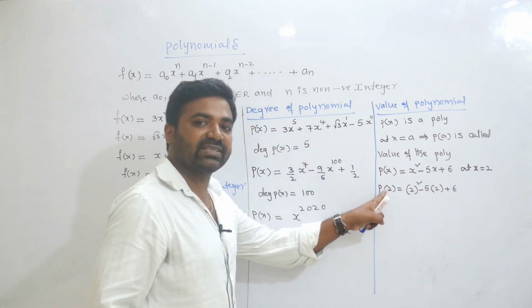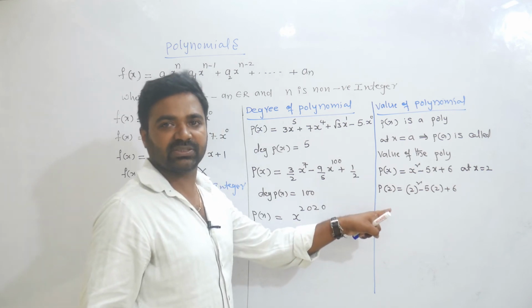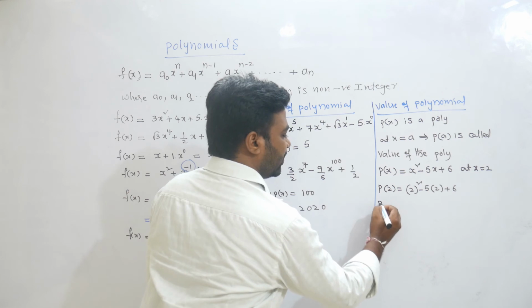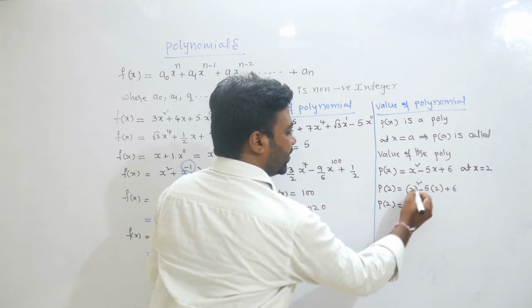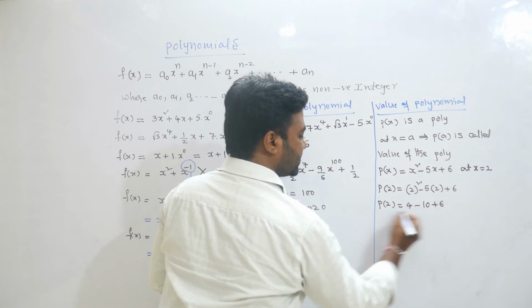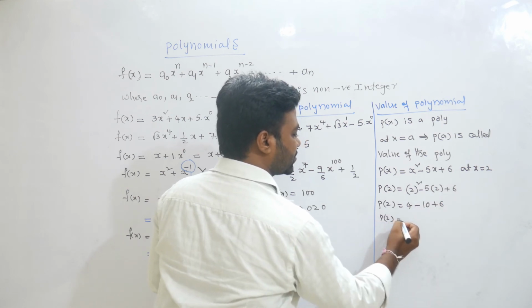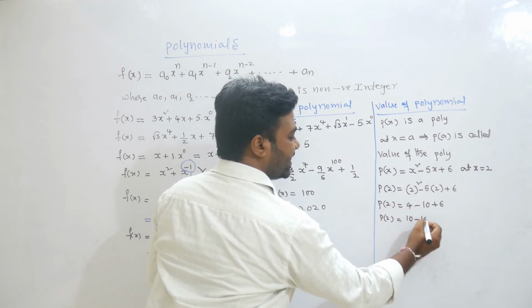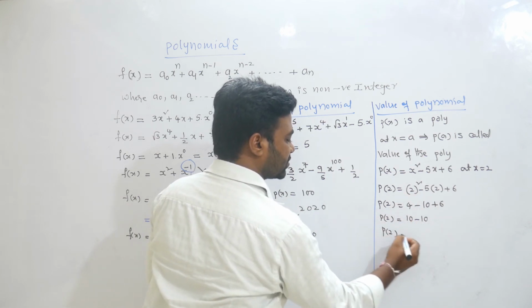Replace x by 2. p of 2 equals 4 minus 10 plus 6, so 10 minus 10. p of 2 equals 0.